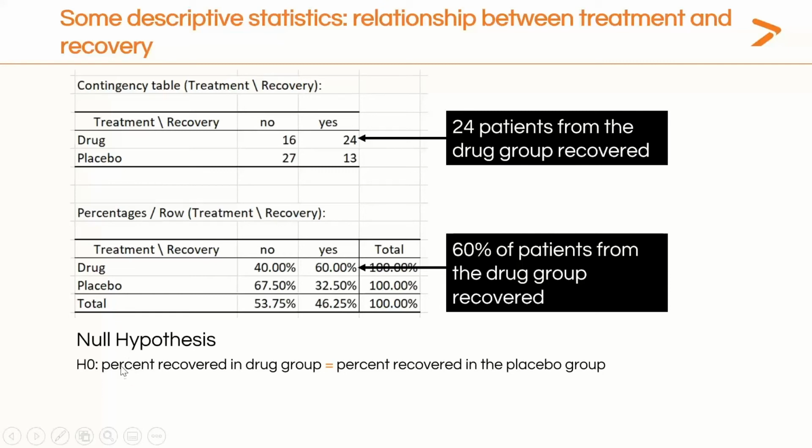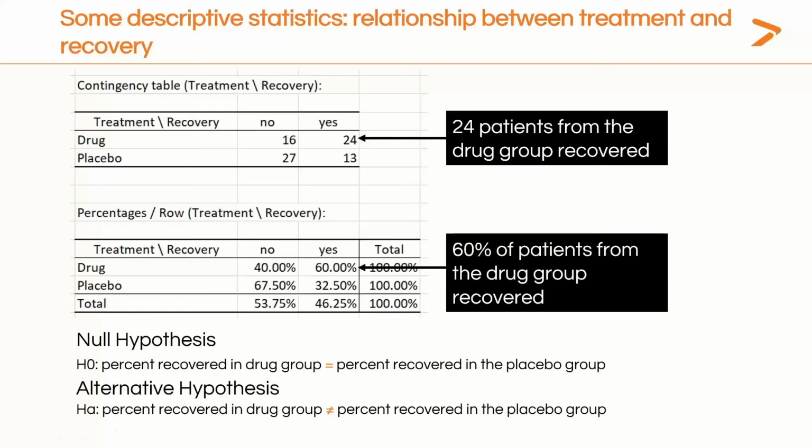The null hypothesis: percent recovered in drug group equals the percent recovered in placebo group. So we have similar proportions here. This is one way of expressing the null hypothesis. It's not necessarily the most correct way, but it's the most intuitive one, at least. In the alternative hypothesis, you have an idea of a difference. So it's exactly the same, but with a difference here.